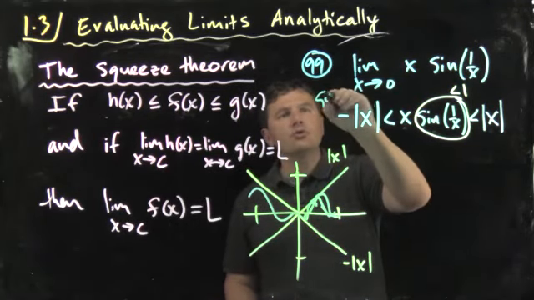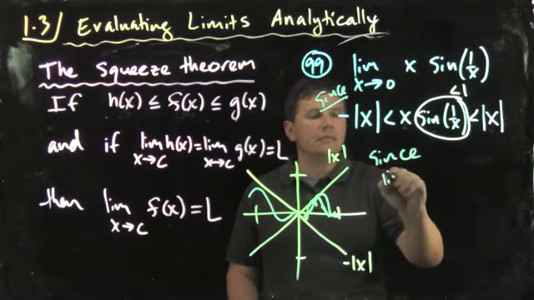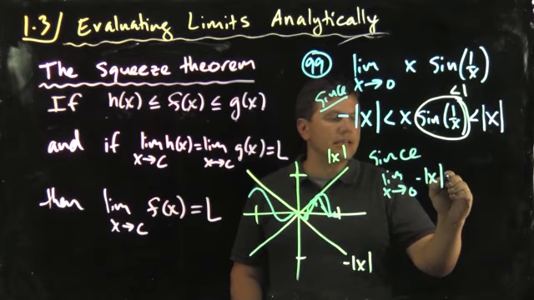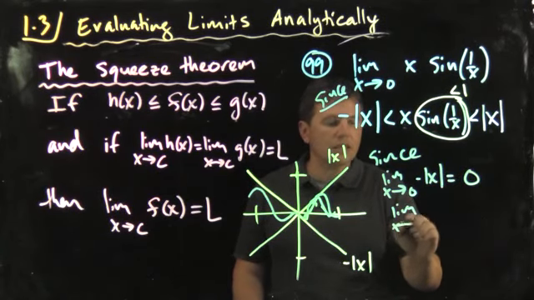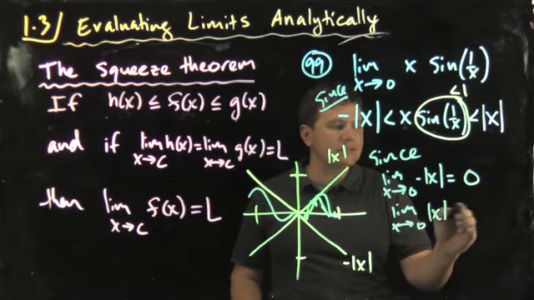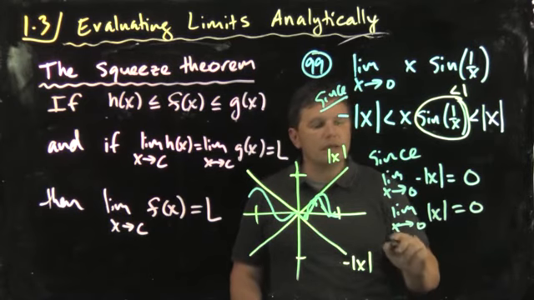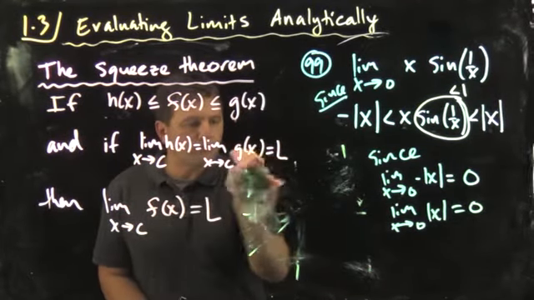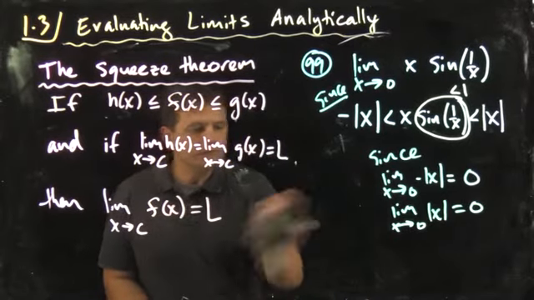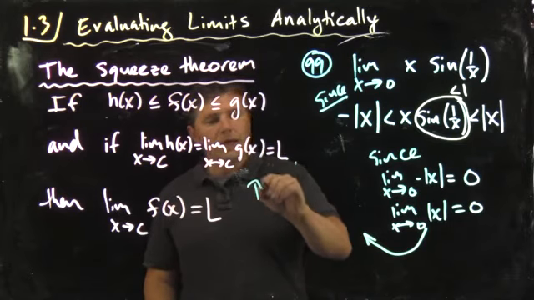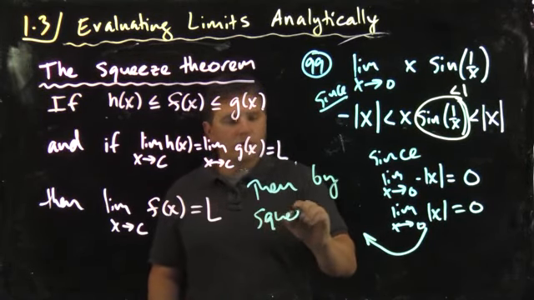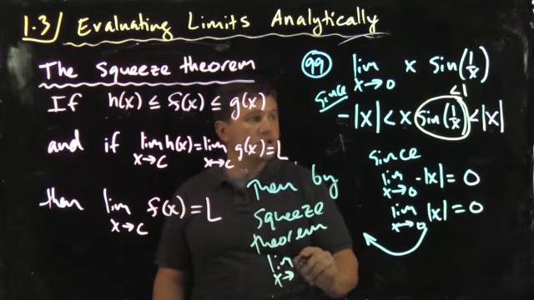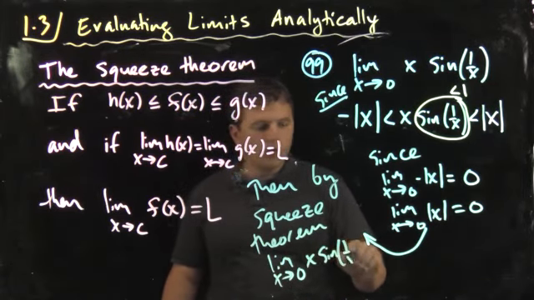Now, since this is true, and since we know the limit as x approaches 0 of negative absolute value of x is equal to 0, which is also equal to the limit as x approaches 0 of the absolute value of x, so those are equal, then by squeeze theorem, we know the limit as x approaches 0 of x sine of 1 over x has got to be 0.